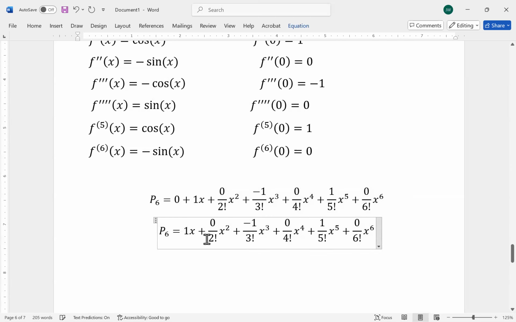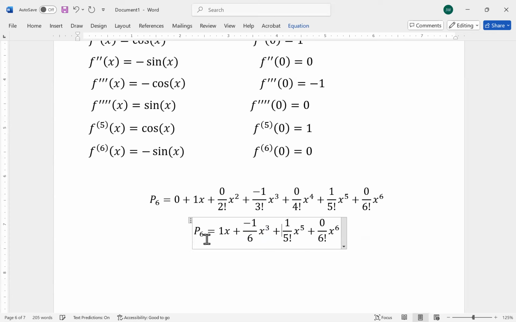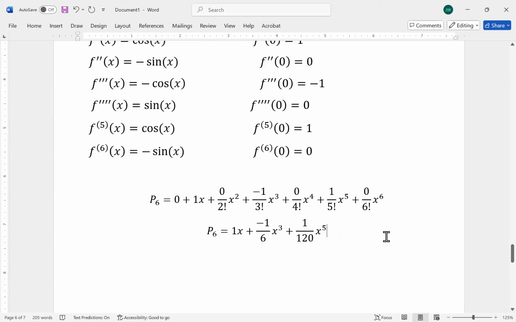So I end up with 1x plus negative 1 over 6 x to the third plus 1 over 120 x to the fifth. So I end up with just 3 terms, and it's a pretty nice polynomial to deal with.